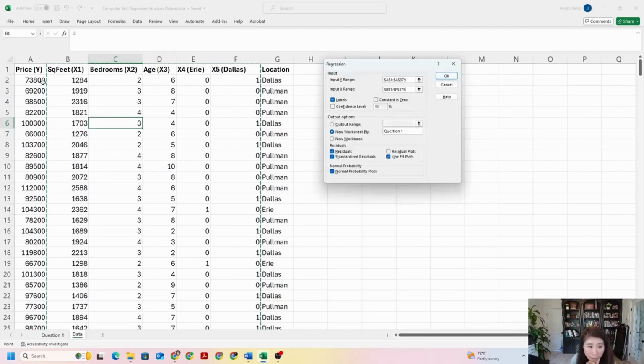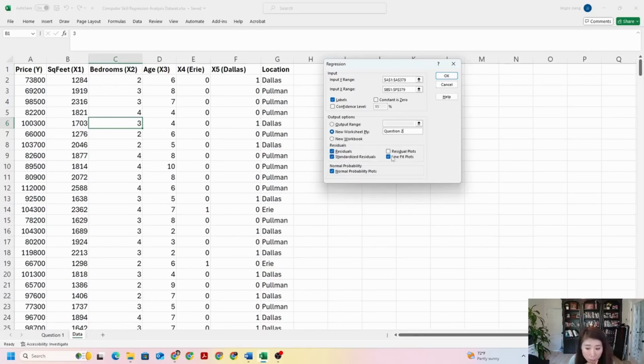Since I include a label in my first row, I check this box, Labels. And then here, I need to change this to a new worksheet named Question 2, because I want this to help me address question number 2, developing the multiple linear regression output. Like I said, later in this class we're going to learn how to test our model assumptions.